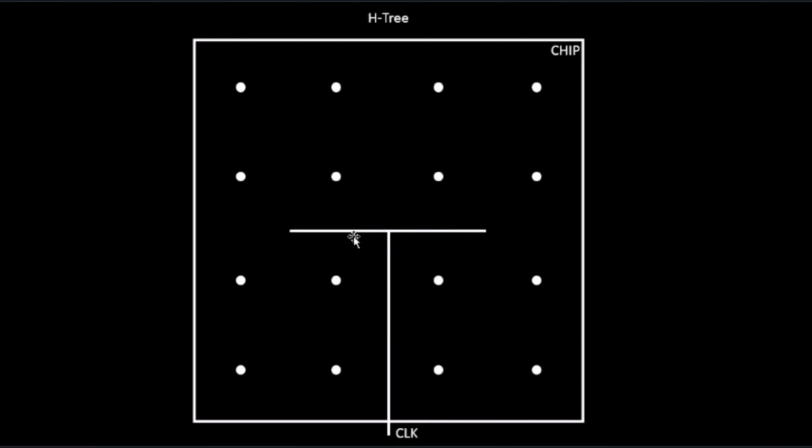We have this one quadrant, one more quadrant, one more quadrant, and one more quadrant. Now each quadrant has got 4 clock endpoints. So let us say for example this quadrant, let us try to break it into even more halves. We'll break it into two halves over here, one will be this half and one will be this half.